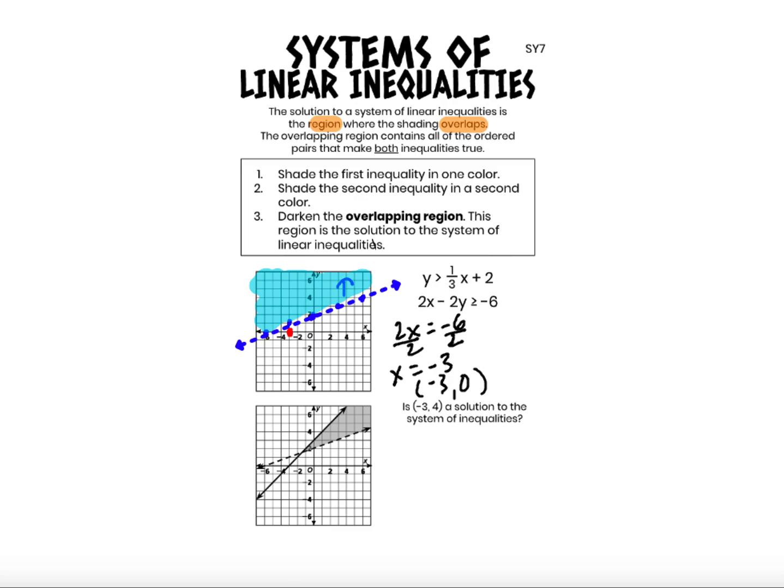For my y-intercept, I set x equal to 0. So now I have the one-step equation, -2y equals -6. That gives me the y-coordinate of my y-intercept. So my y-intercept is x equals 0, y equals 3.